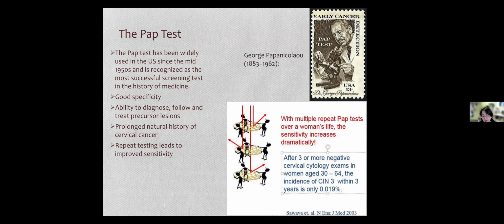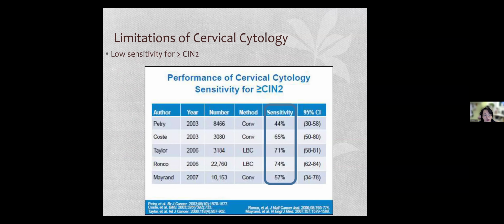The slides, and you can see at the beginning the aim is the more you screen, the sensitivity will increase. So this is a multi-center study looking at Pap testing. The sensitivity is variable, but it's not that great.